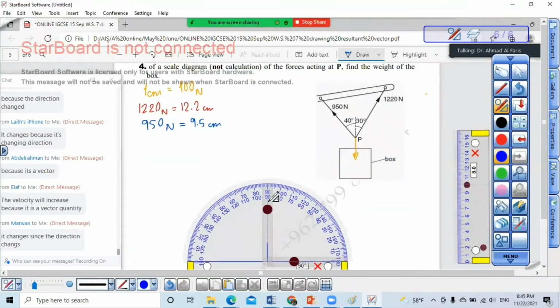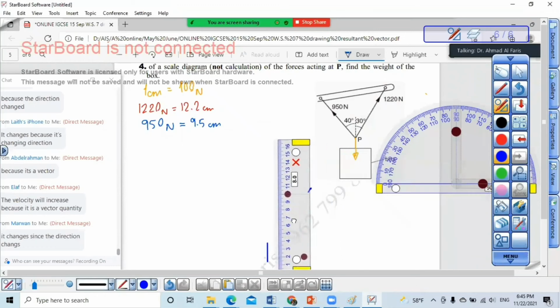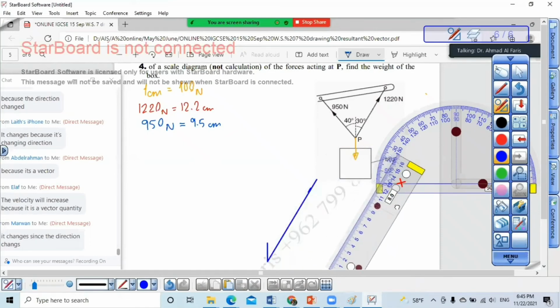From this point, I'll use my ruler and make sure that I draw a line of 12.2 centimeter. This is my line, start from 0, continue to 12.2, stop.